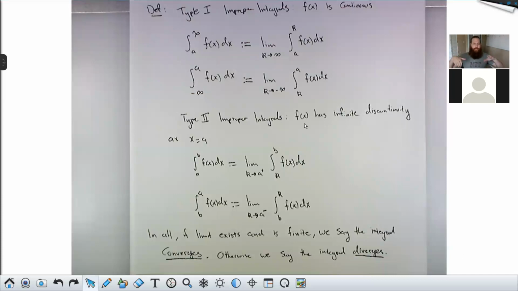That theorem that says if you integrate an odd function from negative a to a, you always get 0, really says if f is continuous on negative a to a, and you integrate from negative a to a, you always get 0. Our function there was not continuous. It had an infinite discontinuity at 0. So I want to ask a simpler version of that and explore this concept of convergence a little bit more.